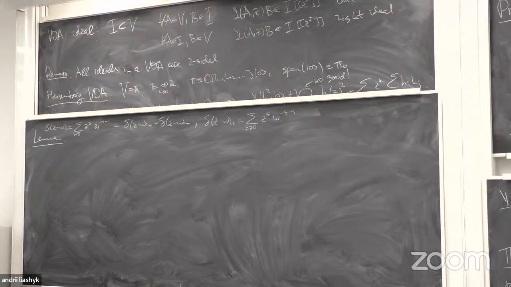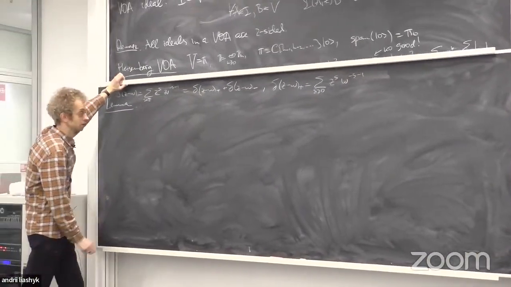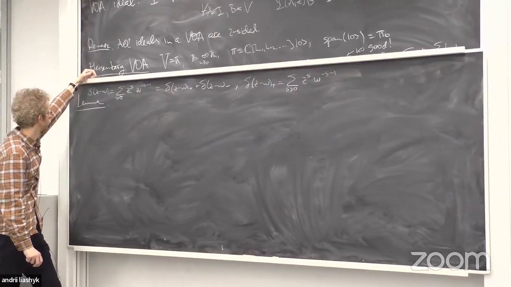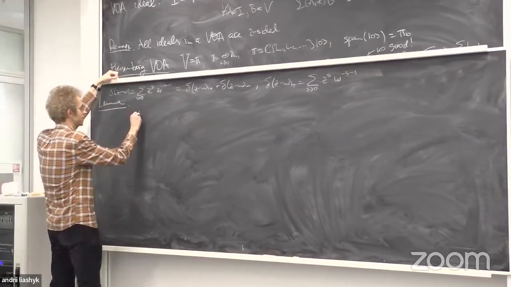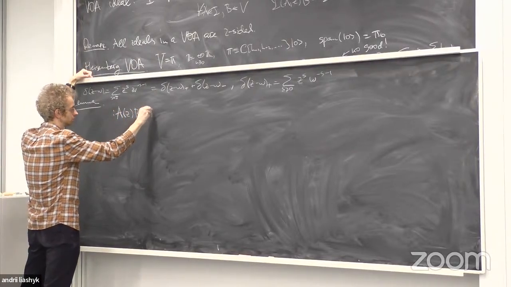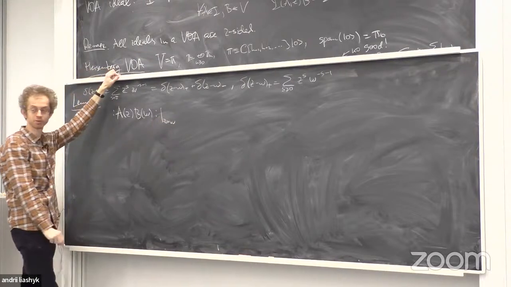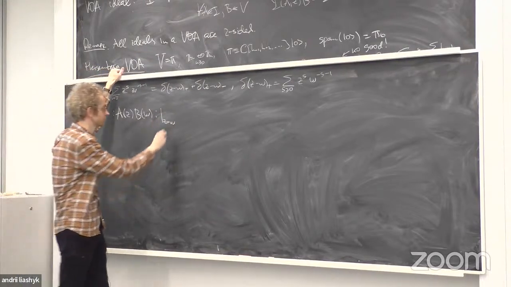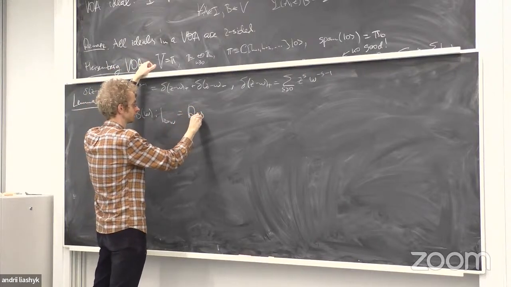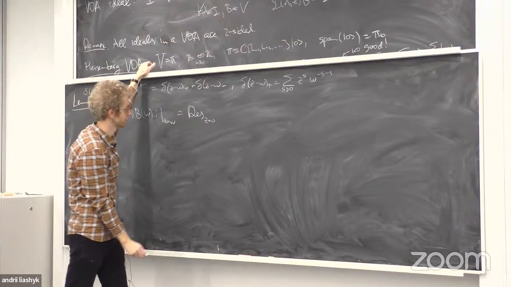And the lemma, which is somehow convenient for computation, says that the value at z equals w is equal to the residue at z equals 0 of the following things.